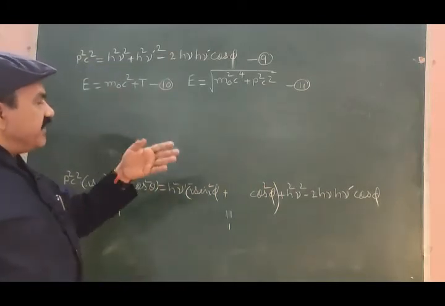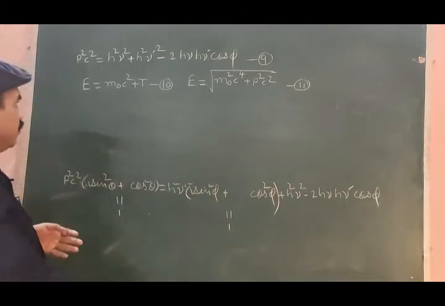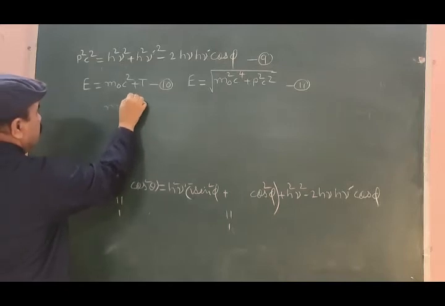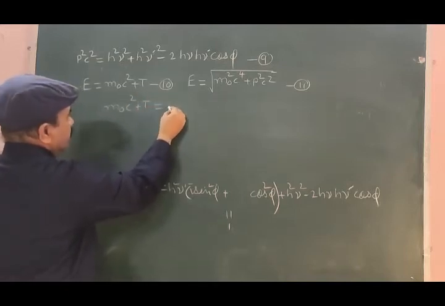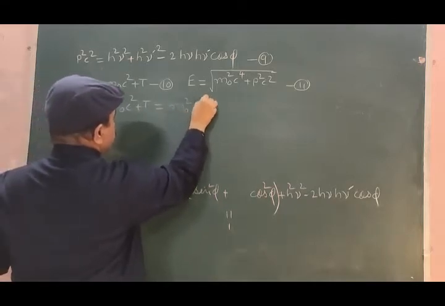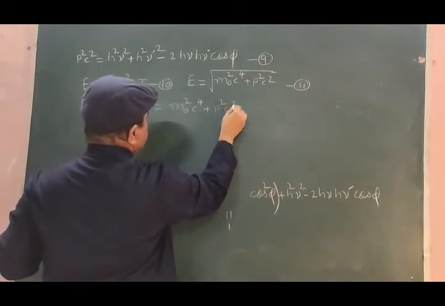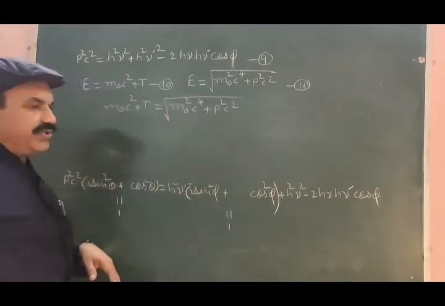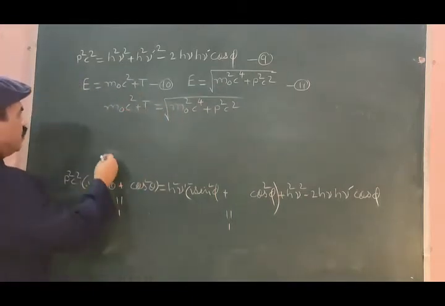So let us equate the RHS of equations 10 and 11 to get m0 c square plus T is equal to the square root of m0 square c to the power 4 plus p square c square. Let us square both sides of this equation.